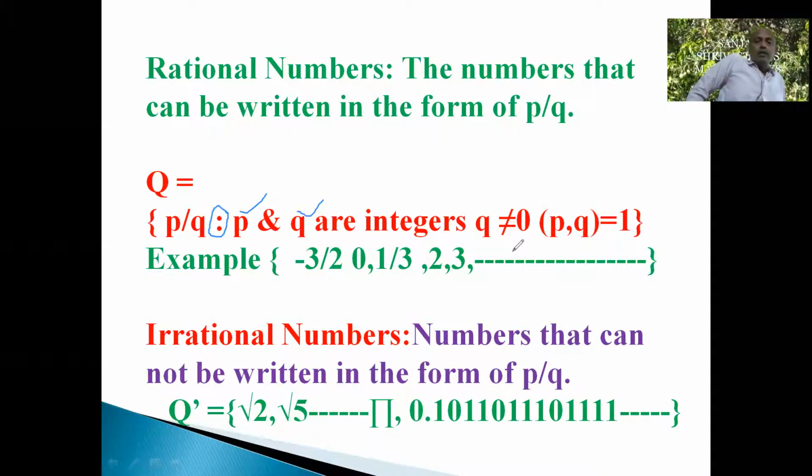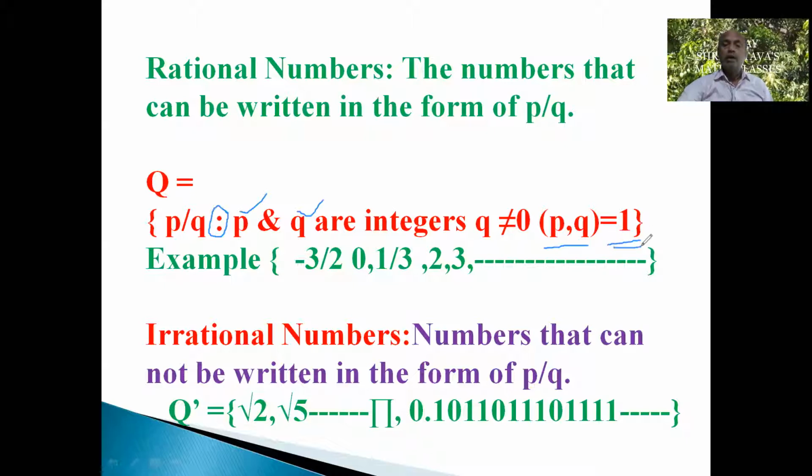If you take denominator 0, the division is not defined. So except 0, any integer can be in the denominator to create a rational number. The next thing is for a rational number, the HCF of numerator p and denominator q must always be 1.